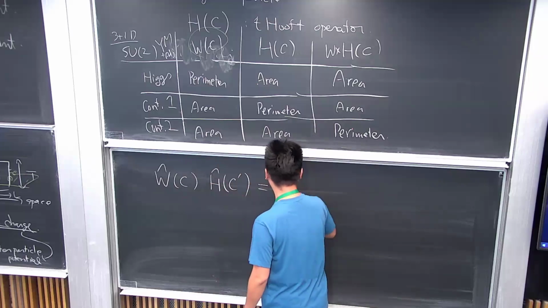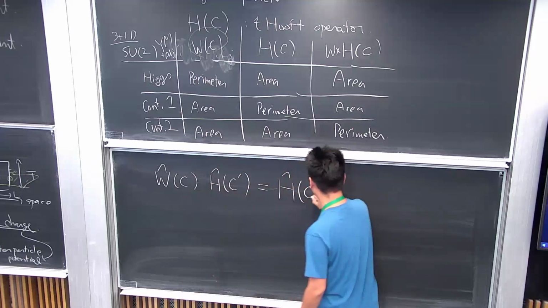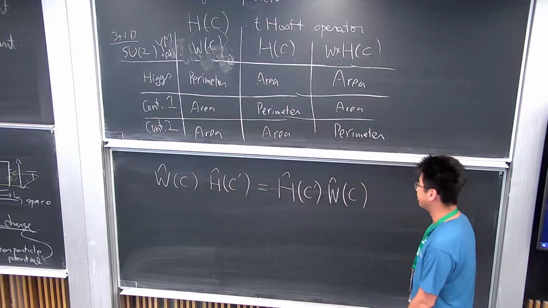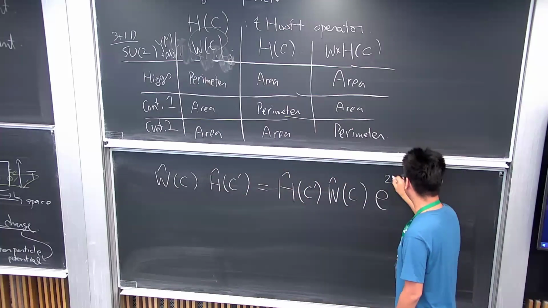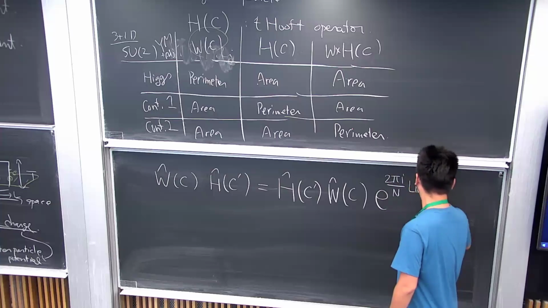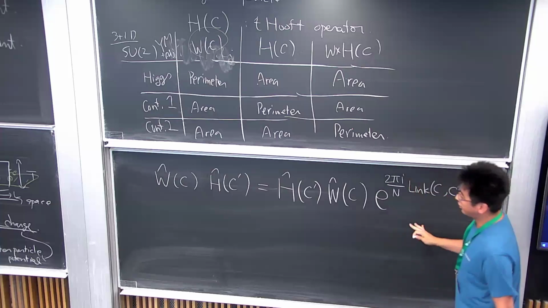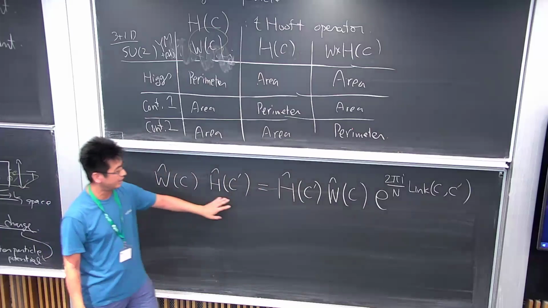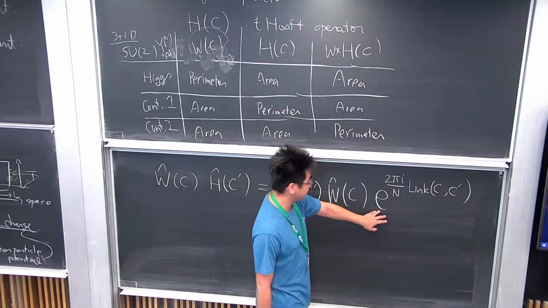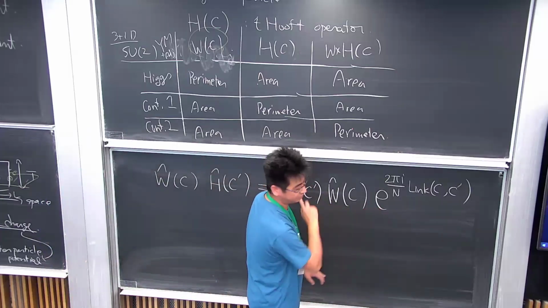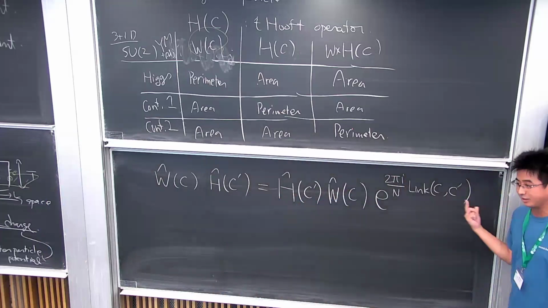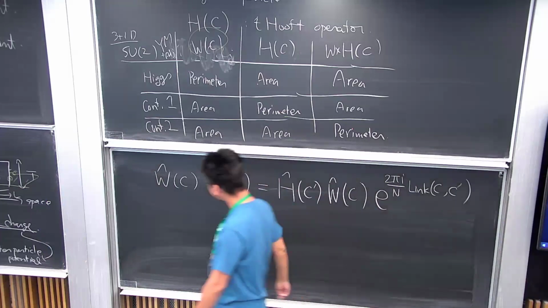With that operator formalism, if we consider the commutation relation of the Wilson and 't Hooft operators, we can show that there is a appearance of a Z_N phase for SU(N) gauge theory, depending on whether C and C prime are linked with each other.